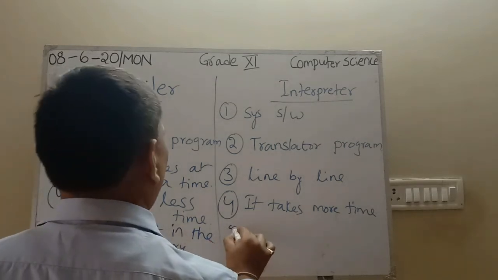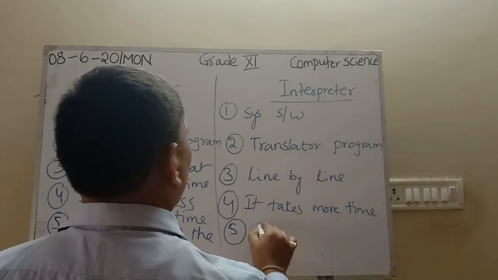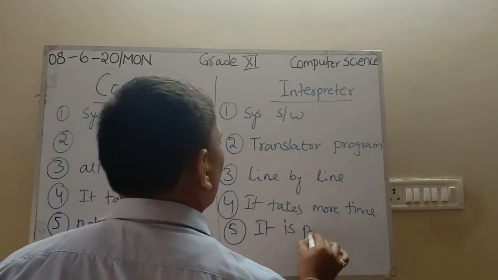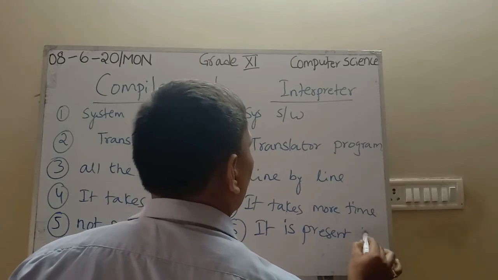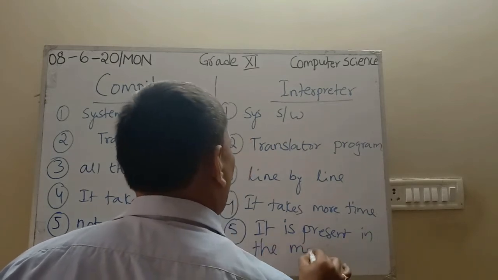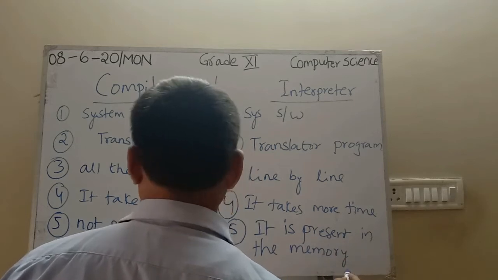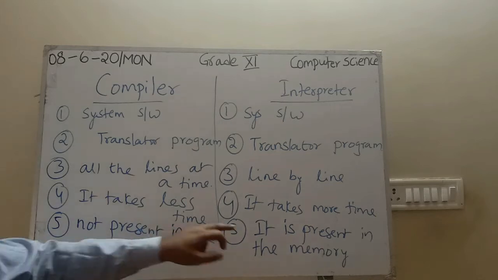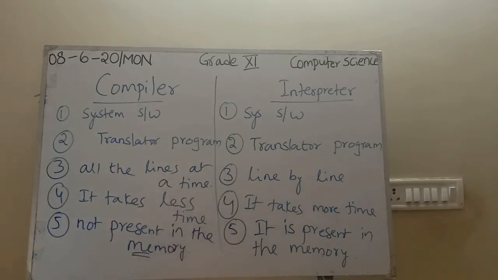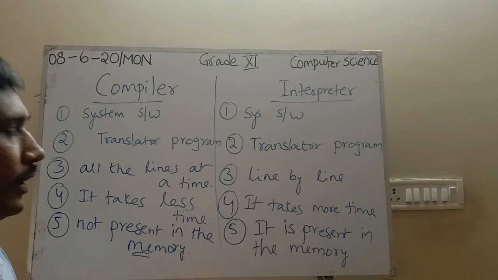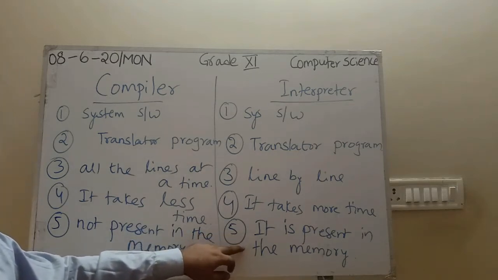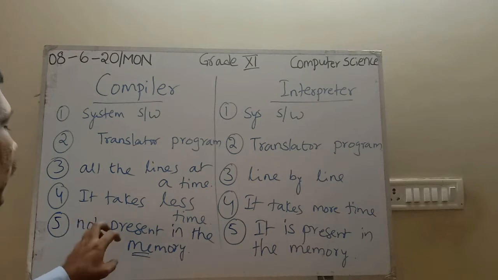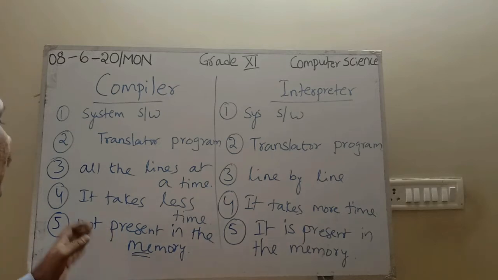But the interpreter is present in memory after execution completes. It takes some memory whenever you execute line by line, and it consumes memory in RAM. The compiler, after completion of the translation from HLL to MLL, doesn't take any memory.